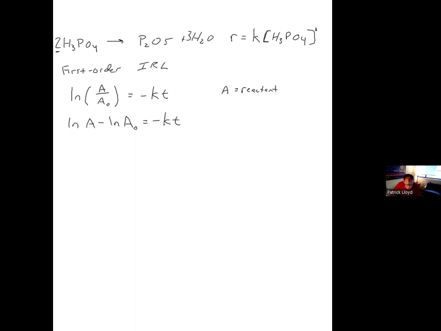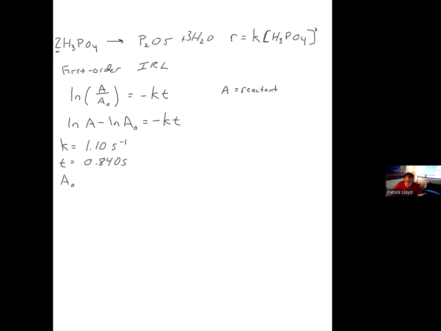So let me point out some pieces of information. We know what k is, 1.10 reciprocal seconds. We also know that the time is 0.840 seconds. And we know the initial concentration of H3PO4.